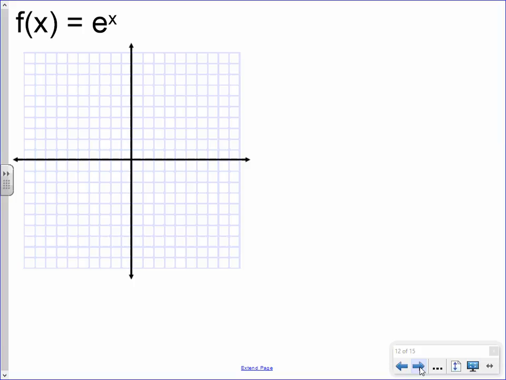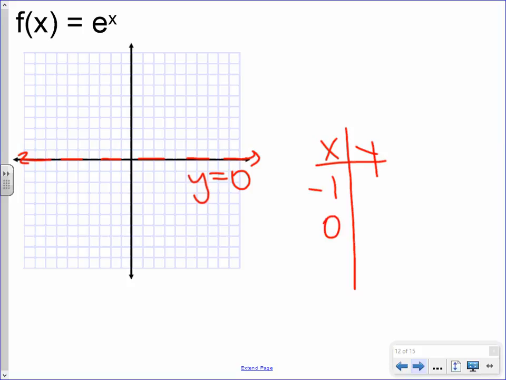Okay, let's talk about what the graph looks like. We are still going to have y equals 0 as our horizontal asymptote. We know (0, 1) is going to be our y-intercept. When we plug in 1, we get e, and we said e was 2.7. When we plug in -1, we get 1 over e.